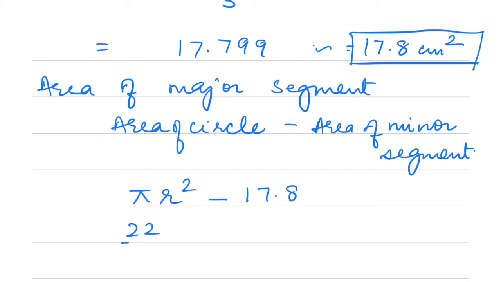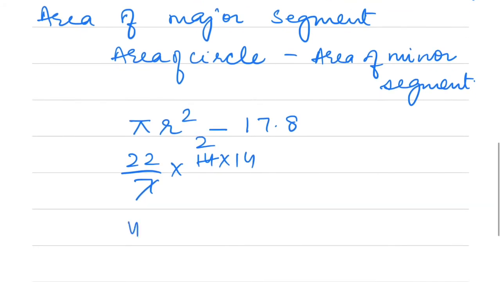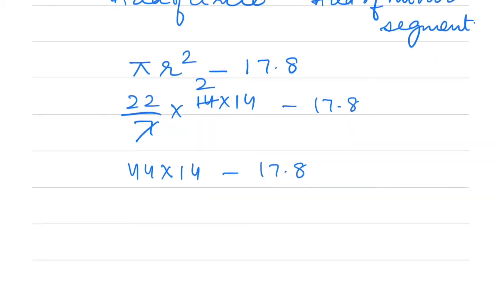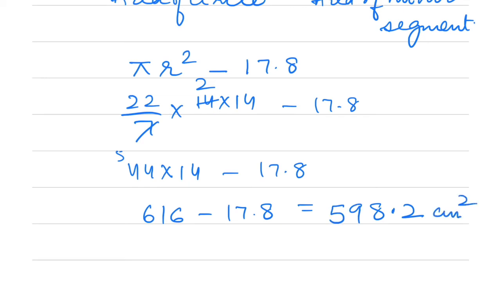So we have 22 by 7 into radius 14 into 14, this twice, so 44 into 14 minus 17.8. 14 4s are 56, 56 and 5 is 616, minus 17.8. So we get roughly 598.2 centimeter square.